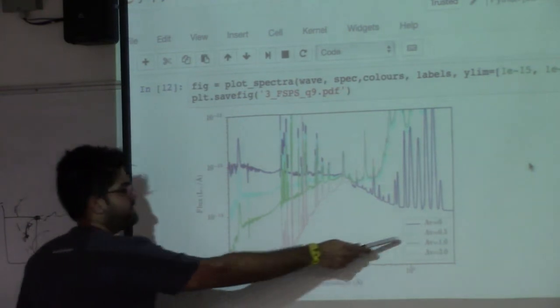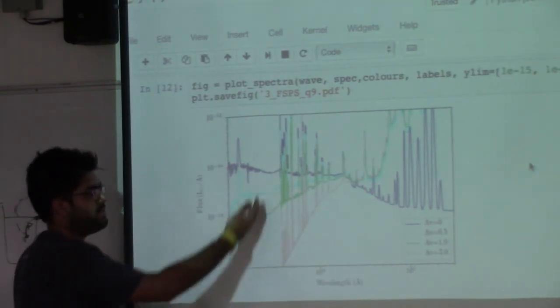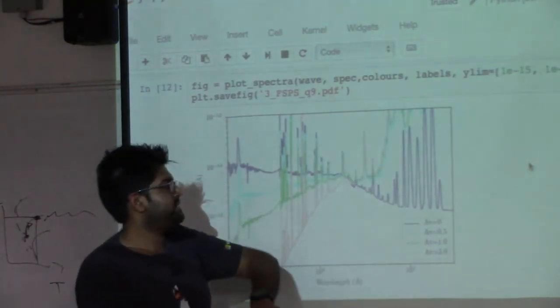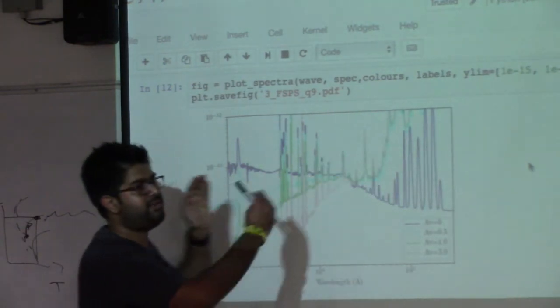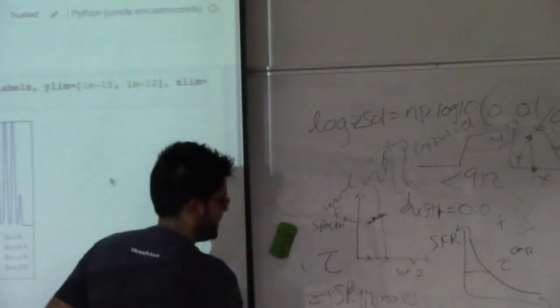But when you add dust into the models, the dust will get heated up from the star formation, as you would see, and then the emission from the dust will increase. You will see massive features coming up here, which are very broad. They are called polycyclic aromatic hydrocarbons, PAH lines.